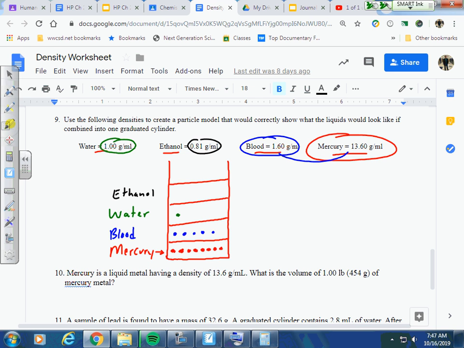It's fine. Water, a little more spaced out. And then the ethanol, even more spaced out. That shows that you understand that the spacing is farther apart if it's less dense. It also shows that you understand that more dense things will go to the bottom, less dense will go to the top. That's how you do that problem.